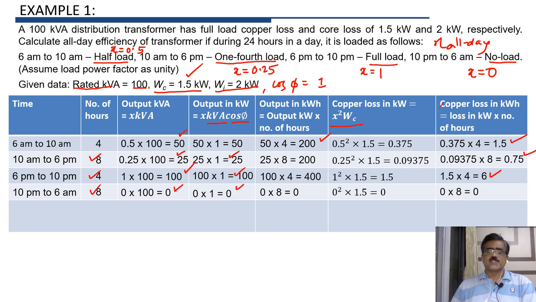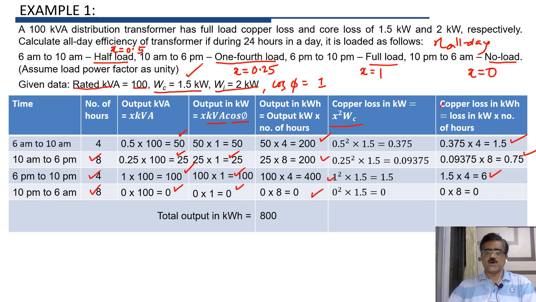Now using this we can calculate the output kWh for 24 hours. We have to add all these output kWh so that we will get total output in kWh for 24 hours. So total output in kWh is equal to 200 plus 200 plus 400.